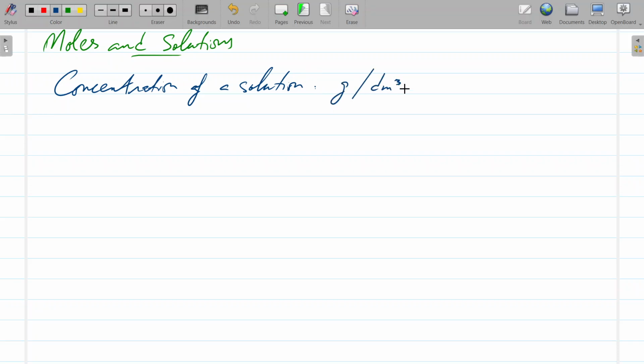A decimeter cube is a liter, so it's grams per liter, but we use decimeter cube in science, chemistry at least, because it is more convenient. And more often it is given as moles per decimeter cube. When you know the mass, you can calculate the moles. When you know moles, you can calculate the mass. It's more about convention. So this is more often how you would come across concentration.